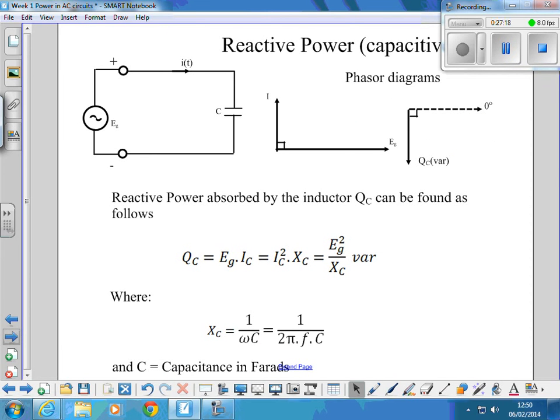So, again, a little bit more about these phasor diagrams and how you can calculate values for QC. We can get it from the generator voltage times the capacitor current. We can get it from that current squared times the capacitive reactance, XC, and we can get it from the generator voltage squared over XC.